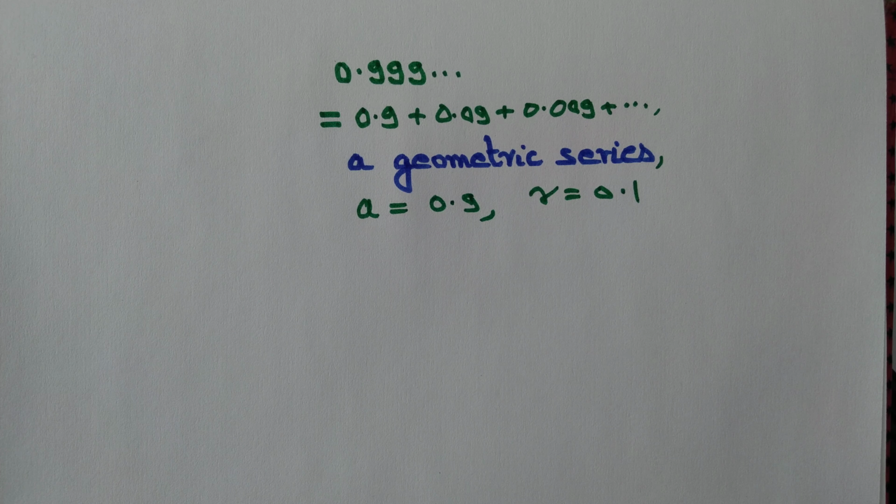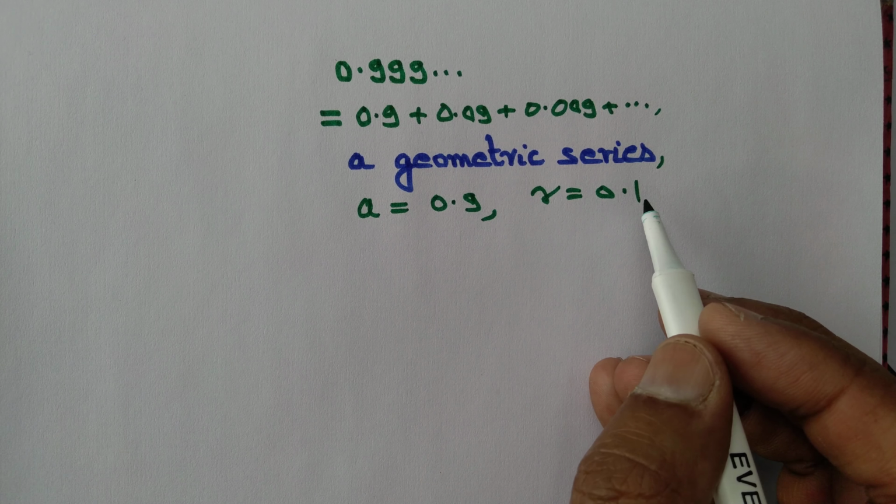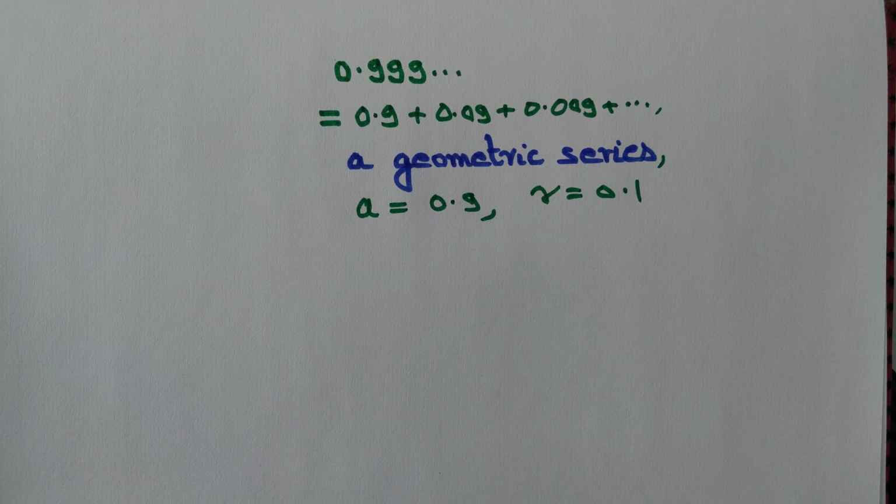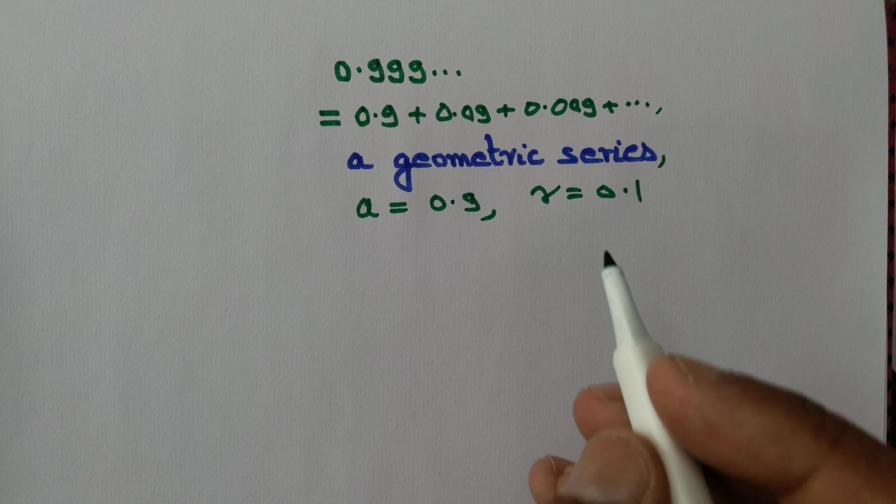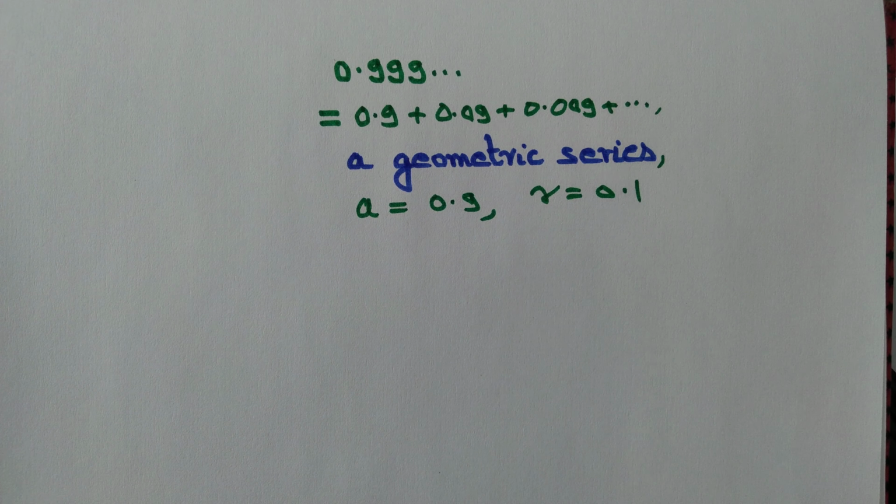Now the sum of a geometric series is known if the common ratio lies between -1 and 1. In this case, the common ratio is less than 1, so the geometric series converges.